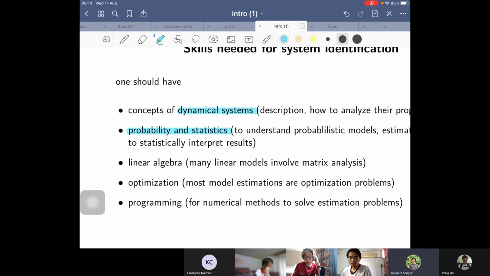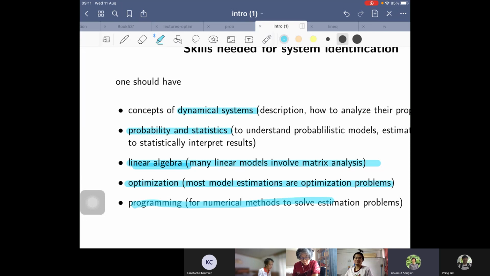When we talk about linear least squares and subspace methods, we're going to use a lot of matrix analysis. So please review optimization, and as I mentioned, all of the problems here are in the format of optimization. I will just mention the formulation and problem type, and we're going to use an existing library to solve the problem.